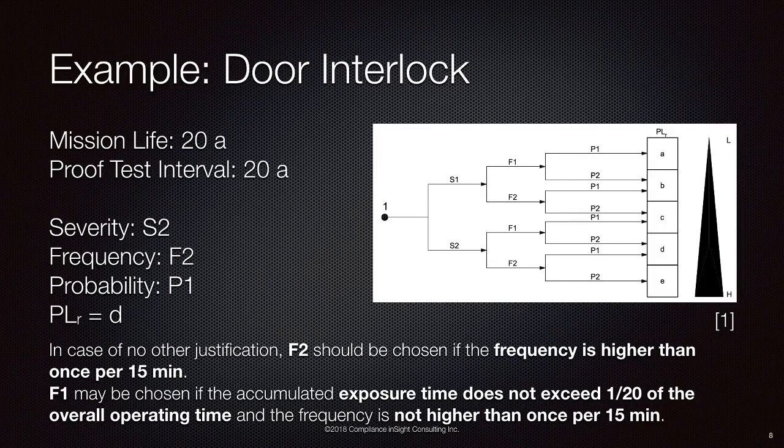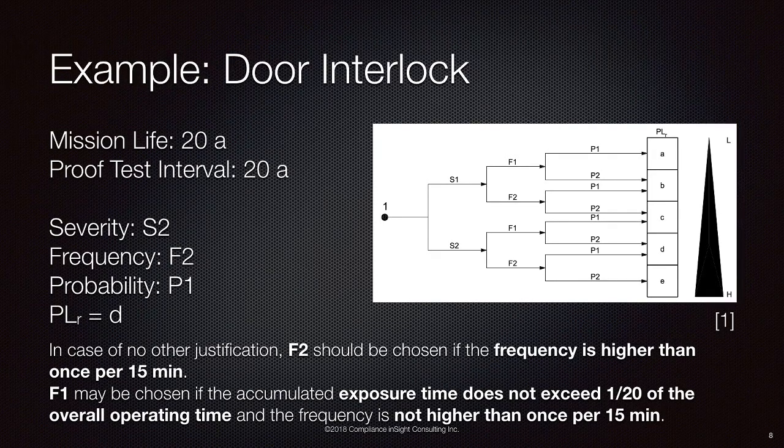The frequency we're going to call out at F2, and there's some interesting language at the bottom of the slide here that talks about the selection of F2. Basically, unless there's no better justification, you need to pick F2. If there's some other justification that you can come to, then you may be able to go down to F1.